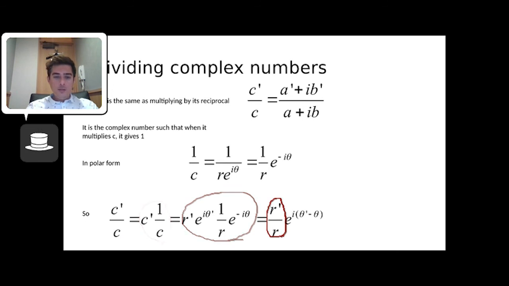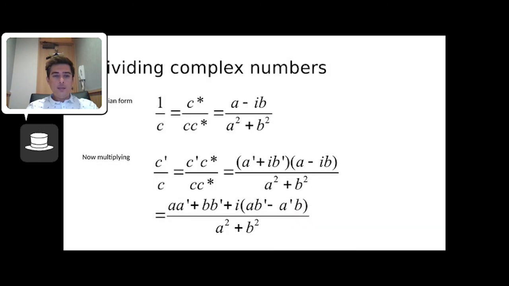But this is the phase part of the complex number that can be simplified a little bit and put together in this way. So it's e to the i theta prime minus theta. So dividing complex numbers can be a little bit easier if you use this polar decomposition.